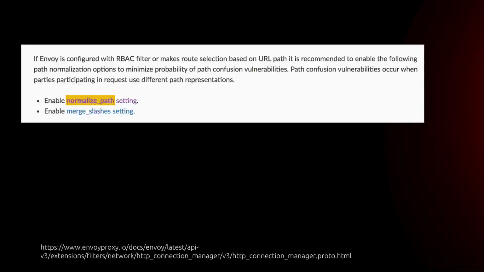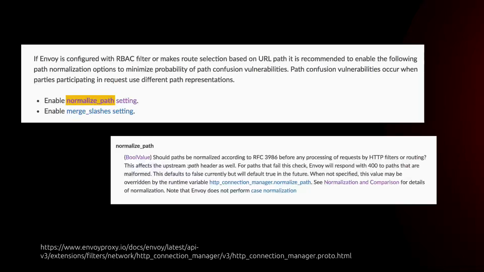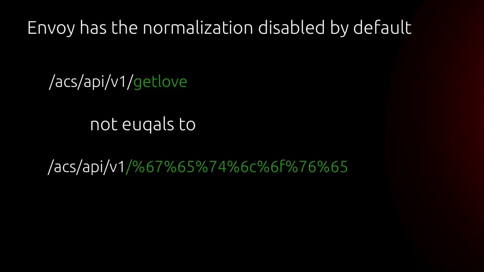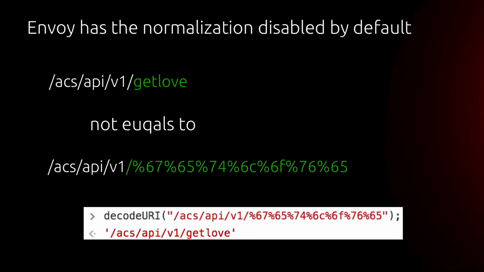And we found one. The documentation tells us that the Envoy server doesn't normalize characters in the URL by default, according to RFC. In other words, when the Envoy server passes the request, these two lines are not identical.